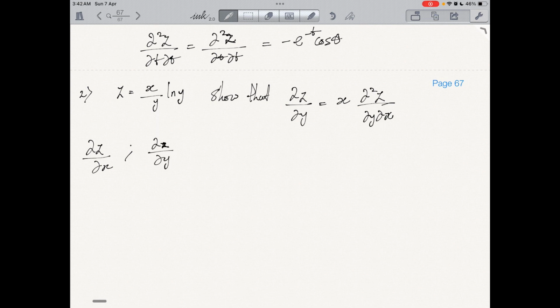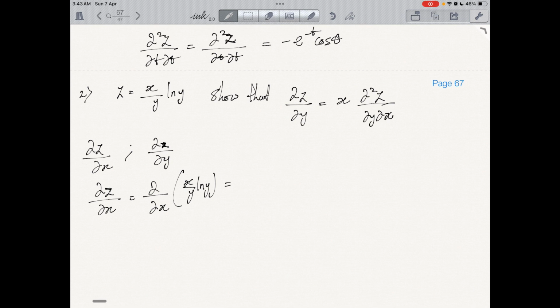So let's begin with ∂z/∂x. That's differentiating partially with respect to x of x ln y. And when we are differentiating partially with respect to x, our y is kept constant.